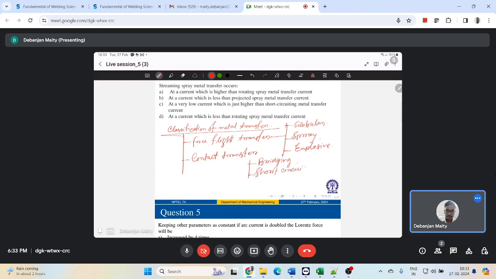And lastly, you have slag protected transfer. So generally we classify the metal transfer in these three ways, right?